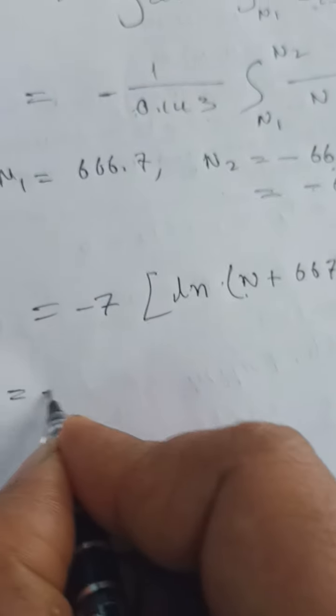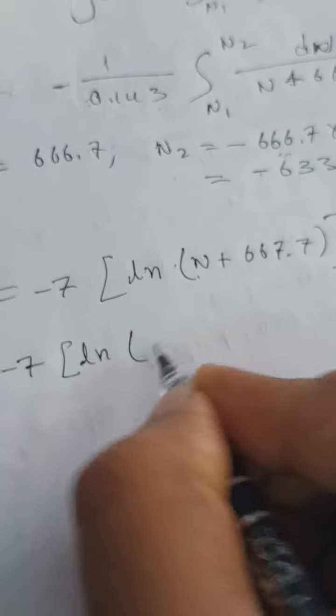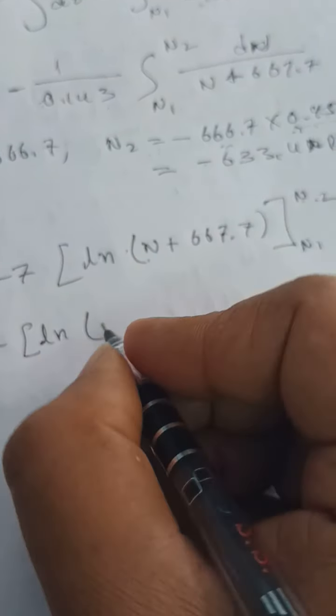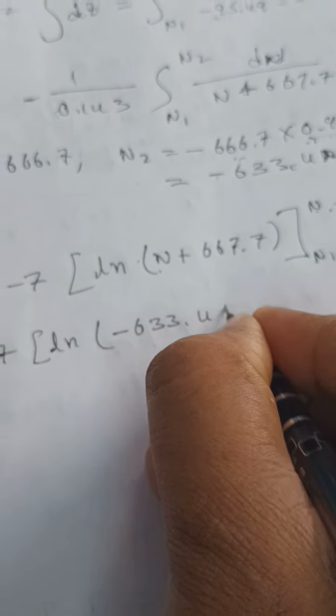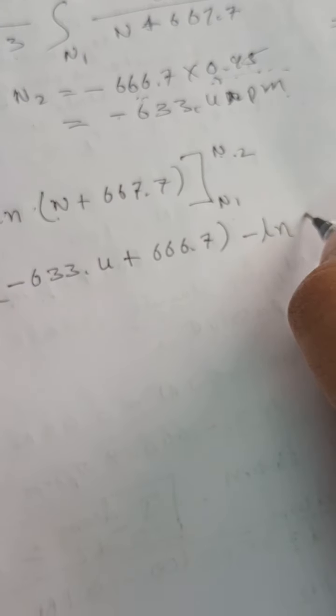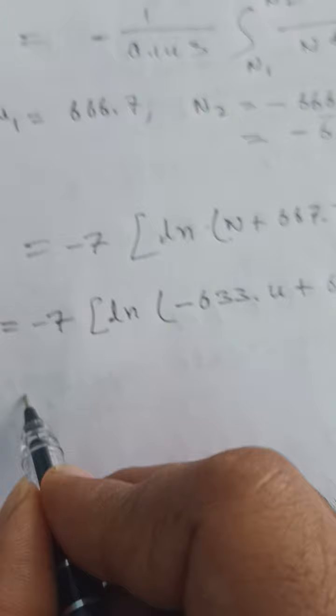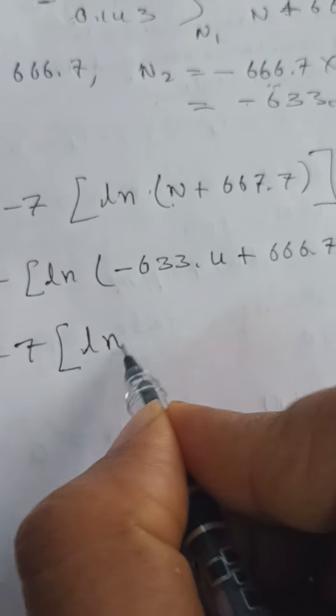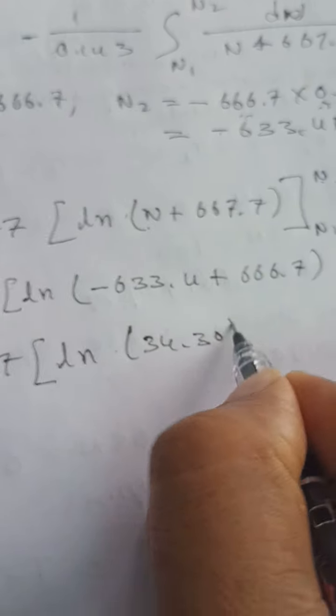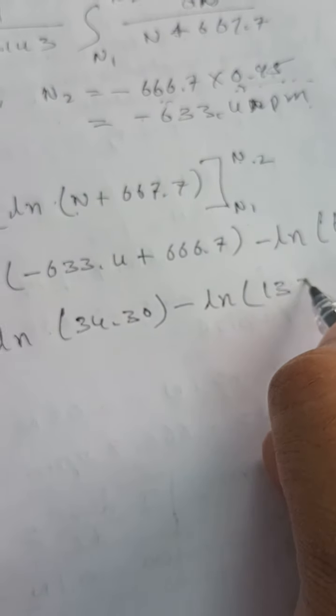Applying the limits: minus 7 times [ln(-633.4 + 666.7) minus ln(666.7 + 666.7)], which is minus 7 times [ln 34.30 minus ln 1334.46].